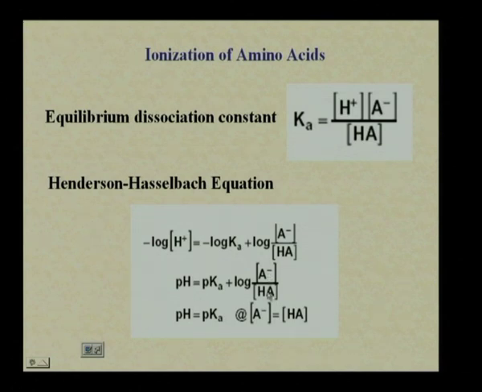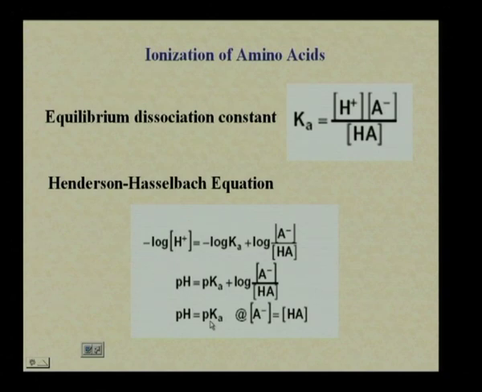And if the concentration of these two are equal, it means I have equal amount of undissociated and dissociated forms, then this is going to have a ratio of 1, making the logarithm 0, and my pH is going to be equal to pKa, right. So, what are we considering here?